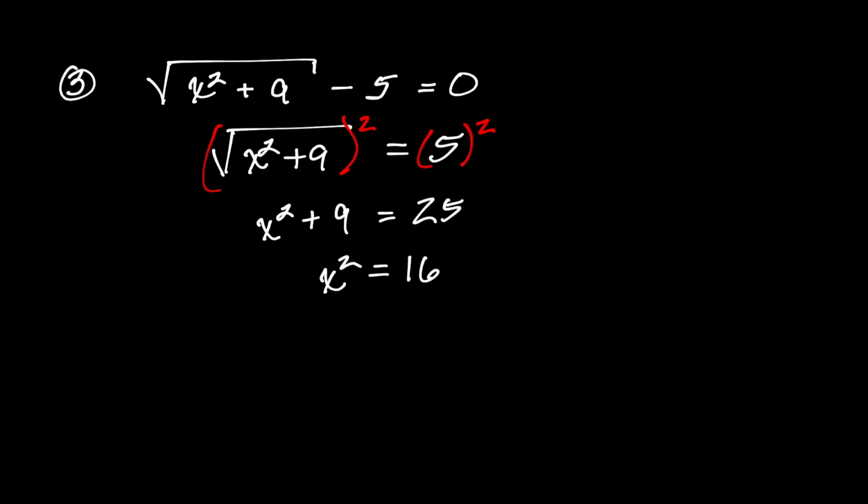So now I'm going to take the square root of each side. And when I take the square root of 16, I have to get plus or minus 4. The other way to have done this would have been to subtract 25 on each side.